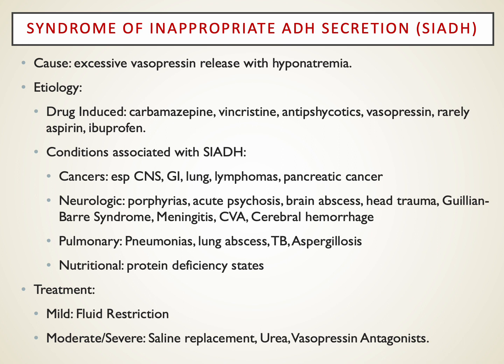And for many patients for whom carbamazepine or Tegretol has worked for their seizure or their psych condition or their neuropathic pain, the issue when you see SIADH is to try to reduce their free water intake. But in more moderate or severe cases, you might require a saline replacement, urea, or a vasopressin antagonist.